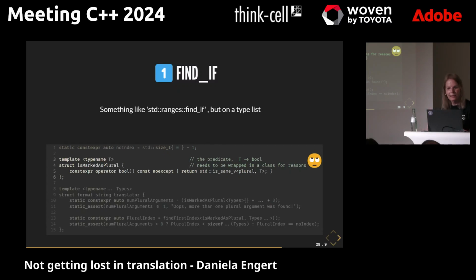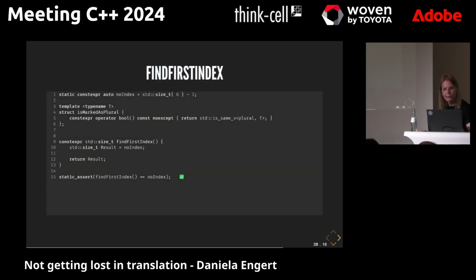In this particular case, I want to figure out which of my types is the one that is the marker for the plural. And this is how I want to use it. I give the type list from the list of types that I supply to the formatting, and given the predicate, I want to find the first index in this list that is giving me the plural form. How do I do that?